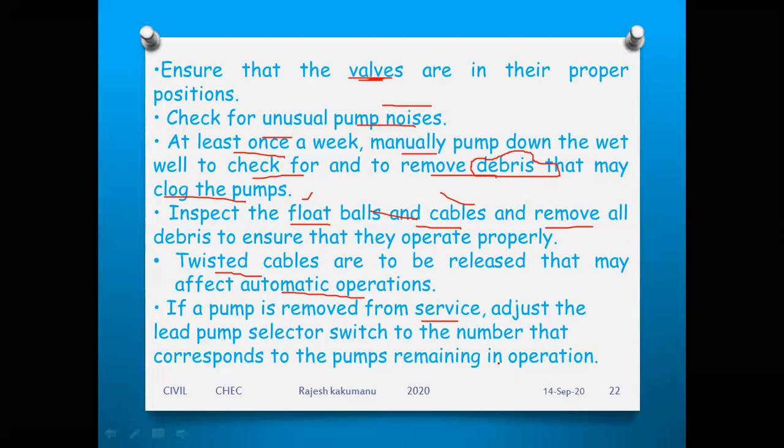So standby you have to select a pump or you have to keep a pump whenever there is a pump problem, whenever you are having a pump problem for any service or for any breakdown of any pump, you require a standby pump which should not disturb the total line.